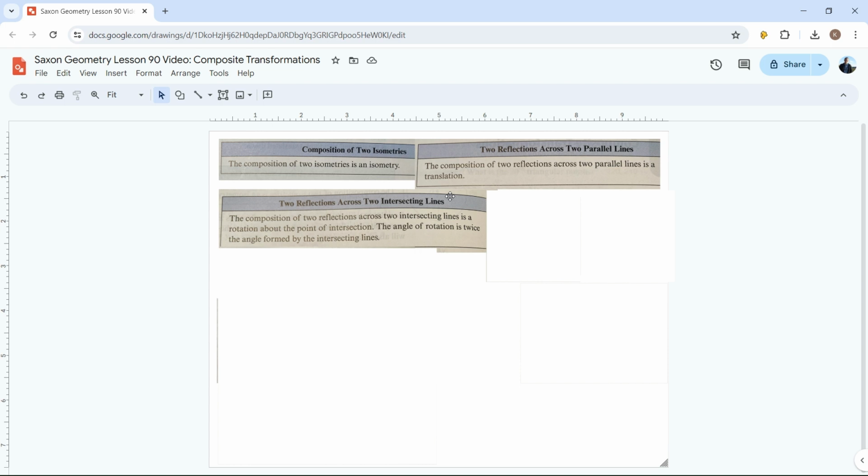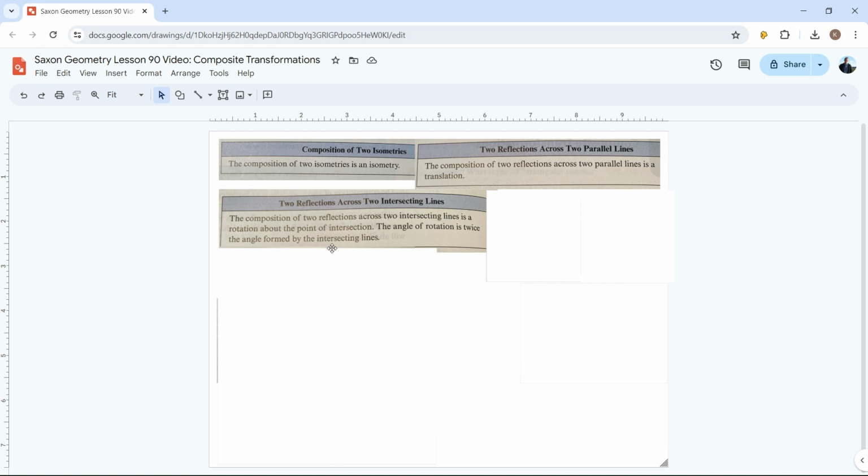If we do two reflections across intersecting lines, okay, I want you to picture that for a second. We reflect once across a line and then across another line that intersects it. Our resulting image is going to be a rotation about the point of intersection. So two reflections is the same as a rotation about the point of intersection for the lines.